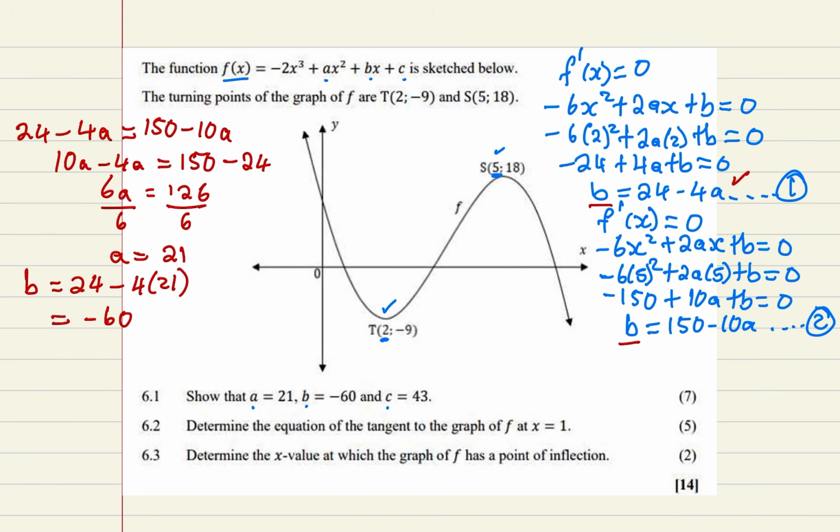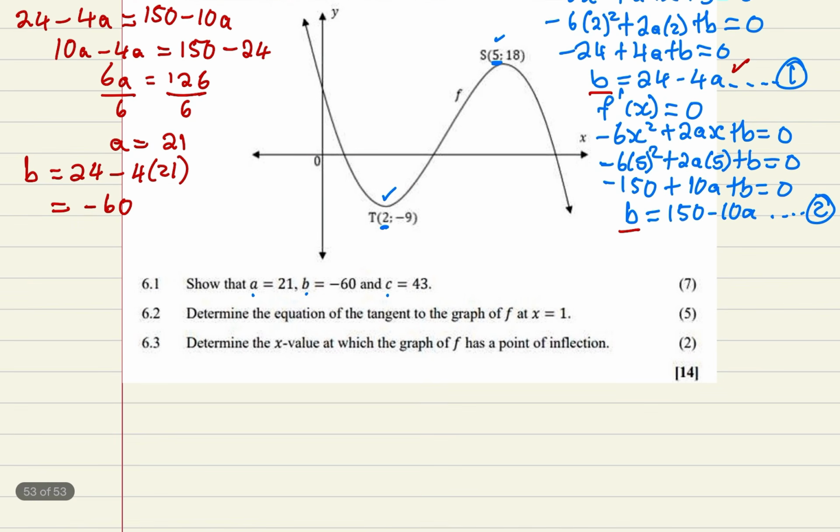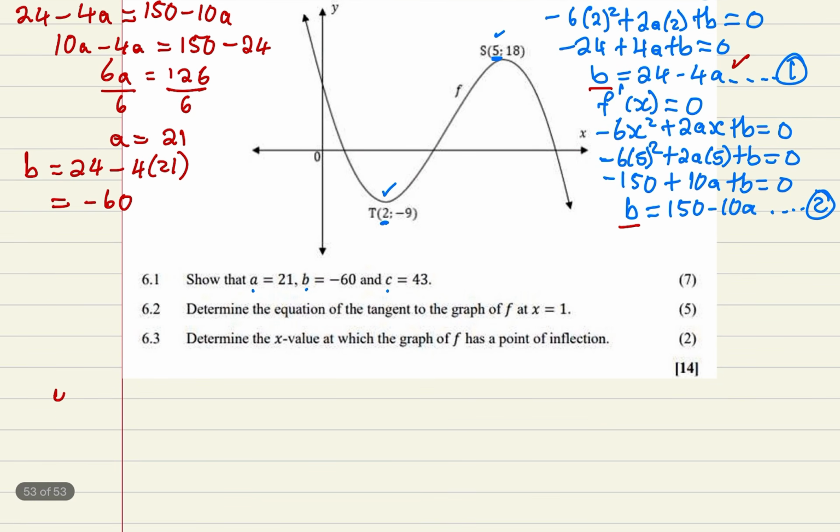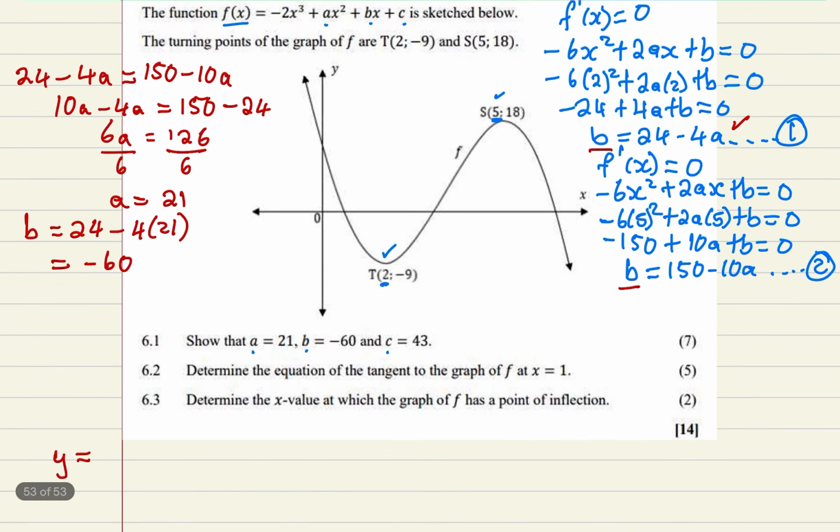Having negative 60 like that, let's substitute into our original. So y equals negative 2x cubed plus 21x squared minus 60x plus c.